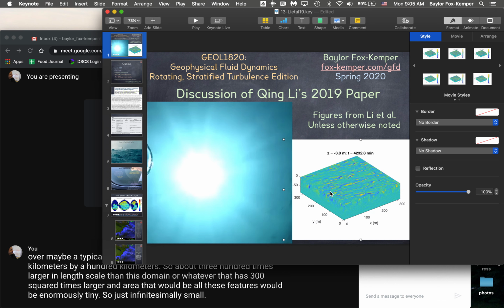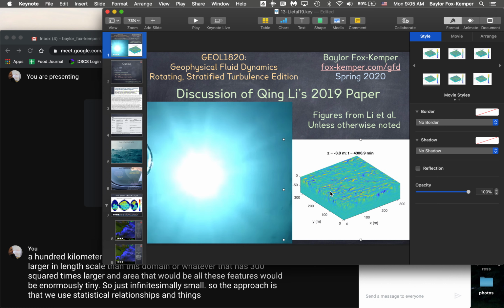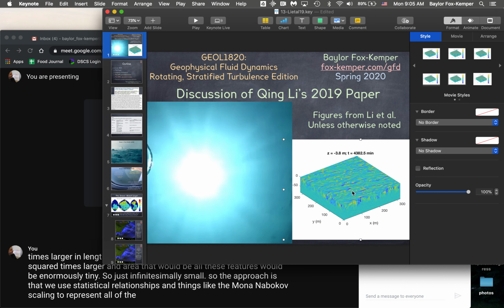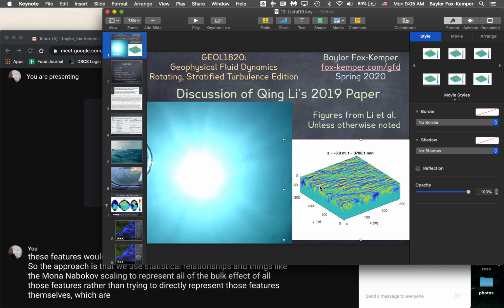So the approach is that we use statistical relationships and things like the Monin-Obukhov scaling to represent the bulk effect of all those features, rather than trying to directly represent those features themselves, which are far too small to resolve.